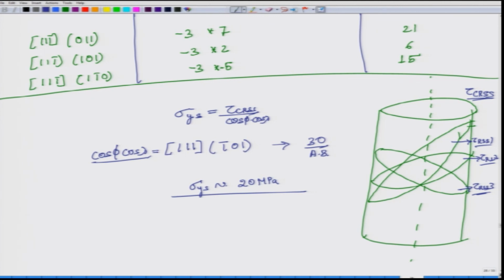What it is showing is that this particular one will be able to get activated on application of stress the earliest, and therefore, that particular slip system, let us say it is tau RSS 3, then this particular slip system gets activated.